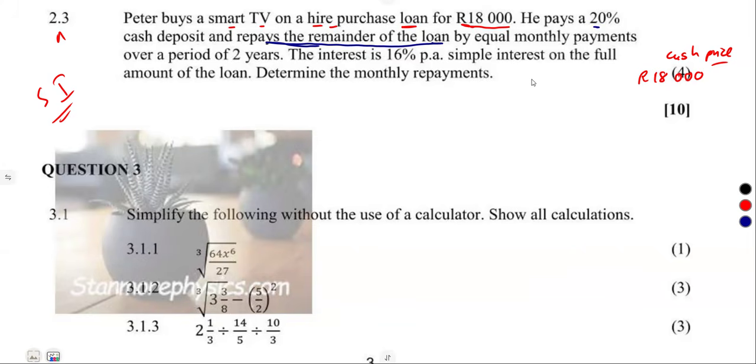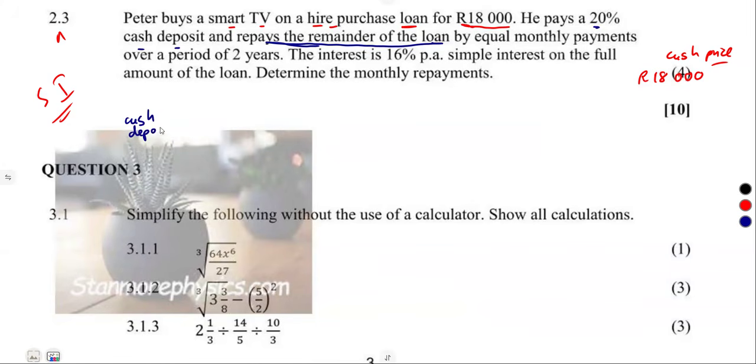So here, guys, it is the remainder which was being paid, the remainder of the loan. So the first was a cash price, which is 18,000. Then he pays what? 20% cash deposit. So what is that cash deposit?